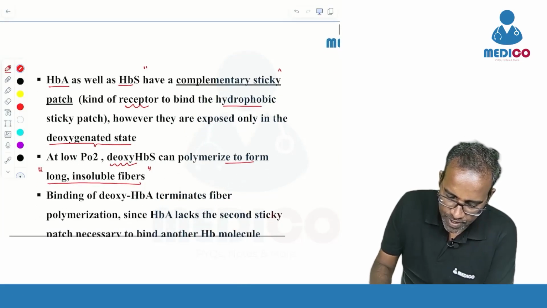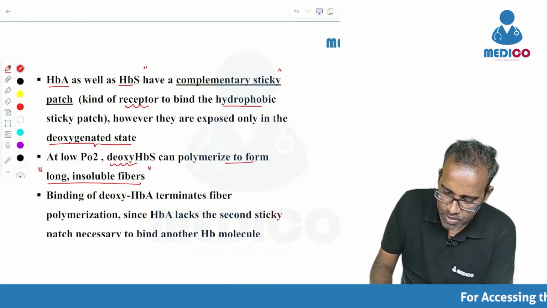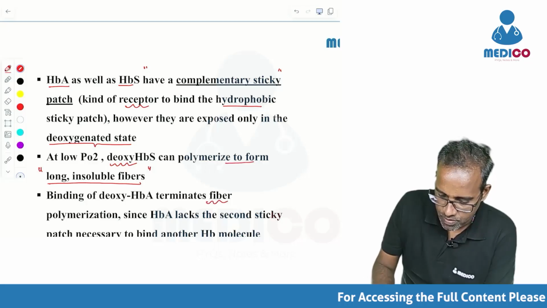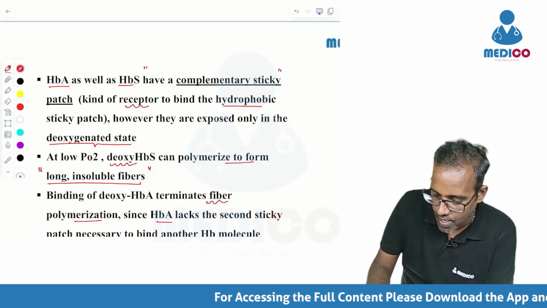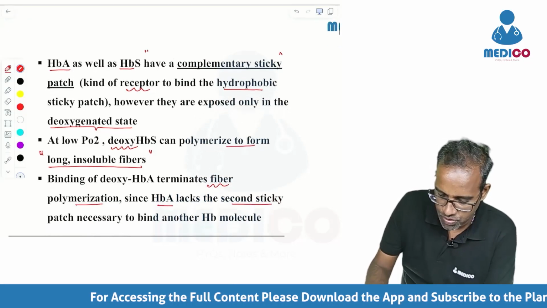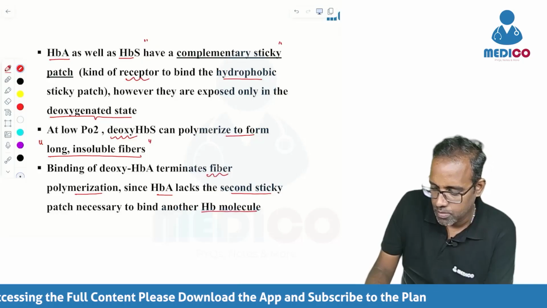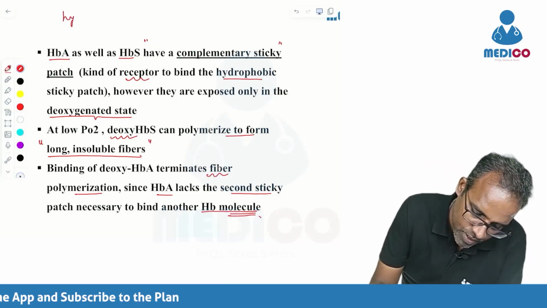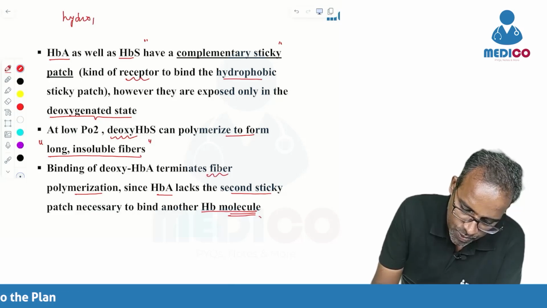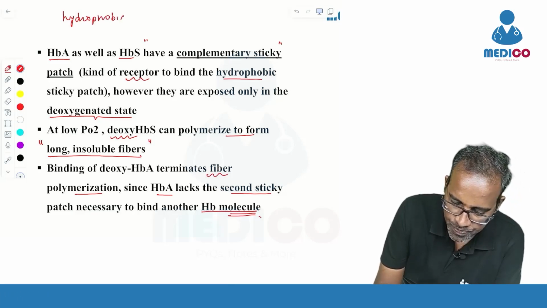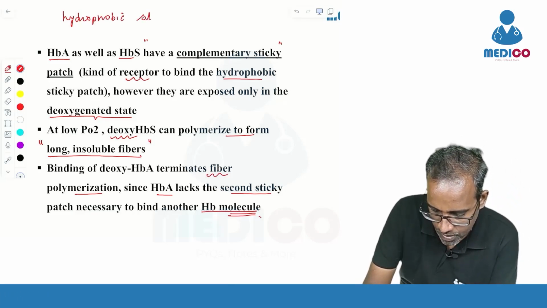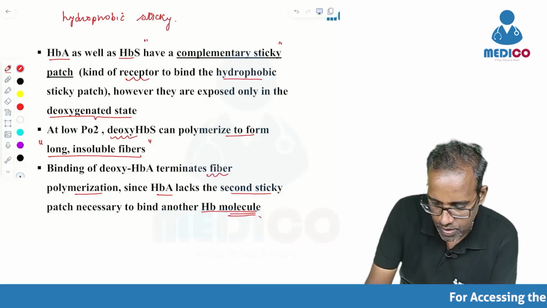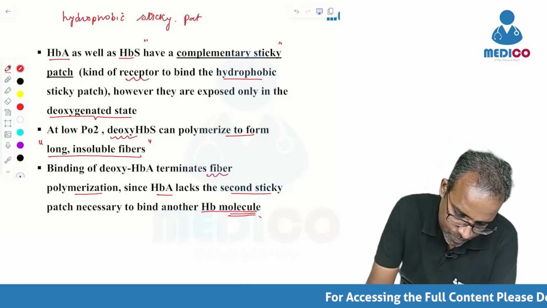The binding of deoxyhemoglobin A terminates this fiber polymerization, because hemoglobin A lacks the second sticky patch necessary to bind another molecule. So this polymer is because of the hydrophobic sticky patch, which is produced because of the mutation in the amino acid. This is the reason for sickling of the RBC.